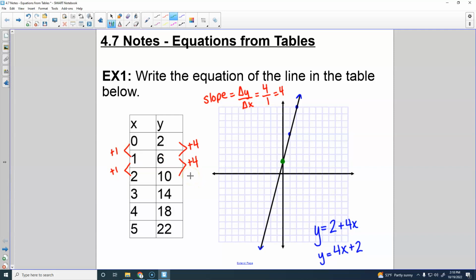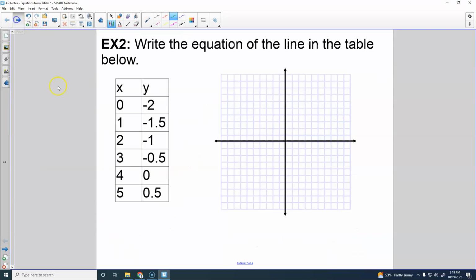Anybody know? I mean, you know there's going to be a y-intercept because it's linear, but you don't know exactly what it is. All right, I'm not going to tell you right now because we got some more problems that we're going to graph. But just note that right here, too, was your y-intercept. And think about your table. So we're going to do another one, and then we'll think about what's going to happen.